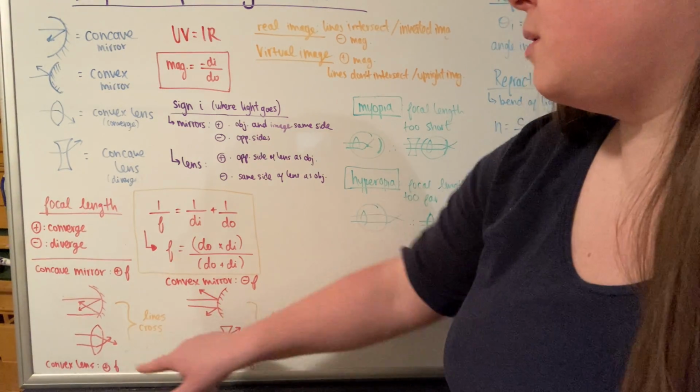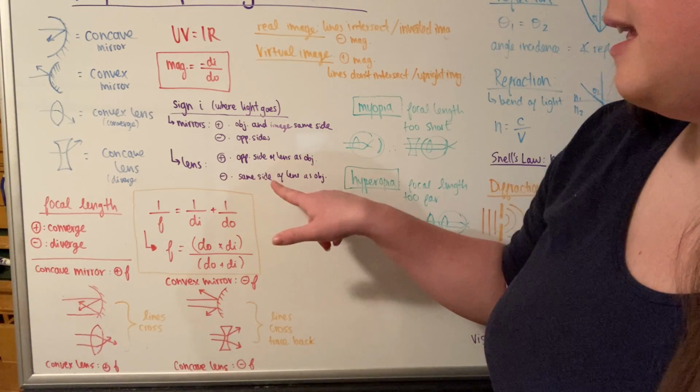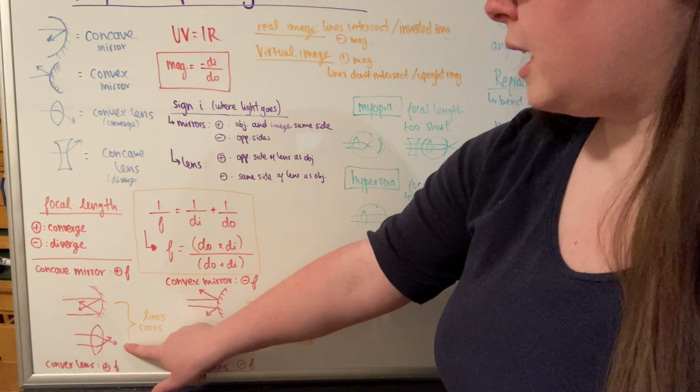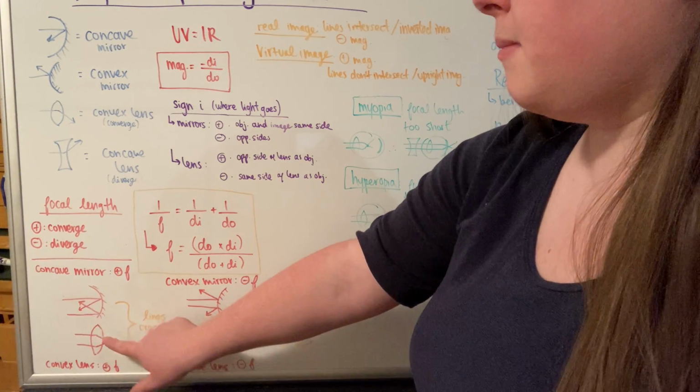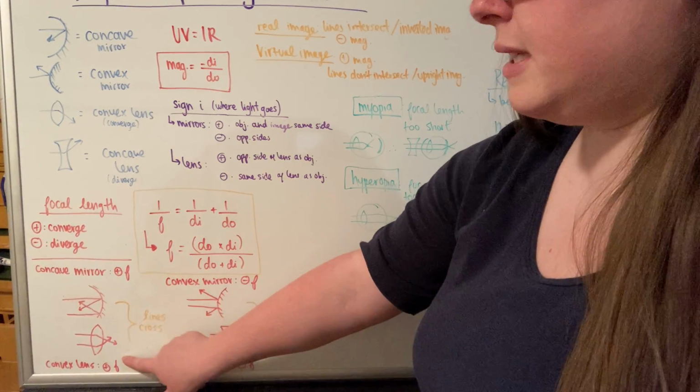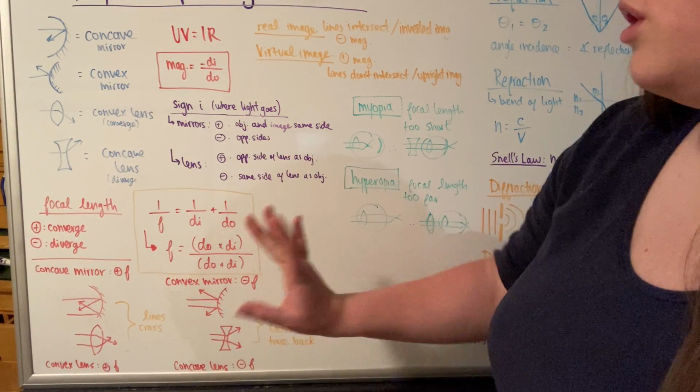So that would actually be a negative image distance because the object that you're looking at as well as the image is on the same side, okay? So they're both on this side of the lens. And so that's just two examples.